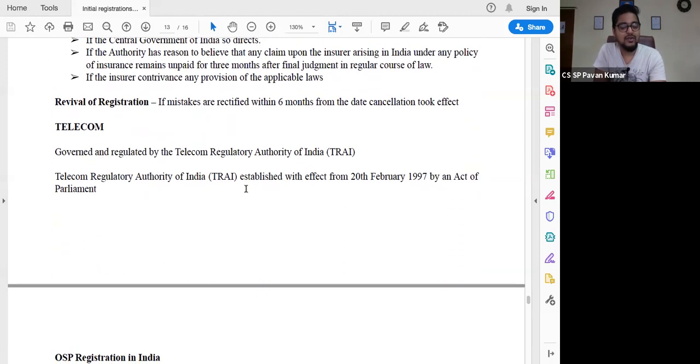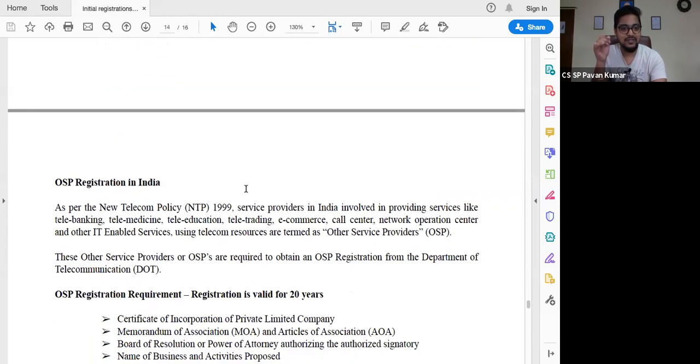And all companies that are related to telecom, like Jio, Airtel, it can be even Tata Sky, these broadcasting companies, or Videocon, Airtel, all these companies are regulated by TRAI, the Telecom Regulatory Authority of India, which was established in 1997.